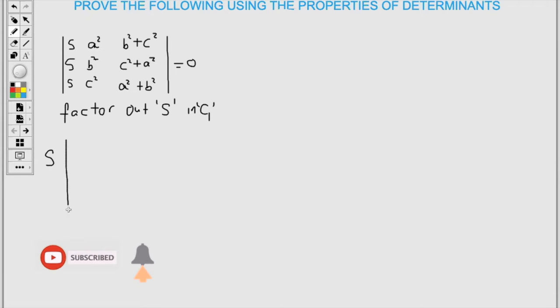Now factoring out the S, I'm left with 1, 1, 1 in the first column, while everything else remained as is. So let me go ahead and rewrite my second column. Same case, I'm going to rewrite my third column.